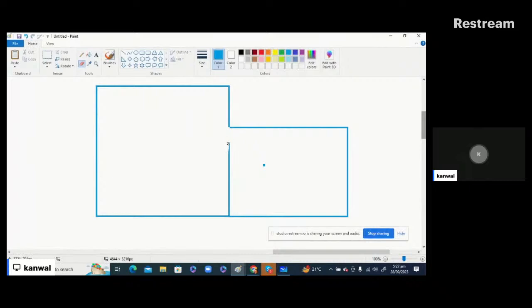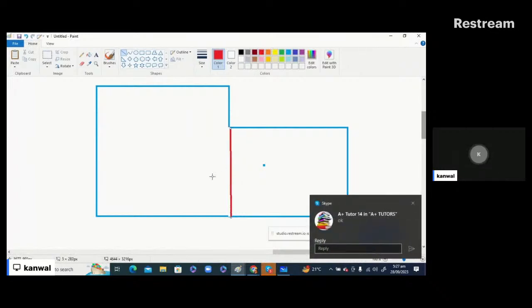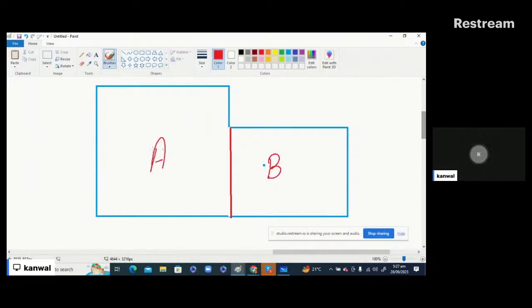Your shape is in this form, but we convert it into two parts for simplicity. I am going to convert this into two parts. Look, this becomes rectangle A, and here it becomes rectangle B.